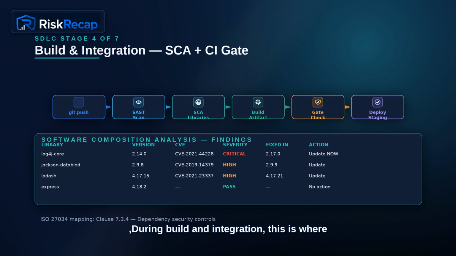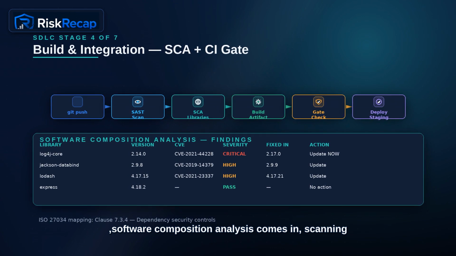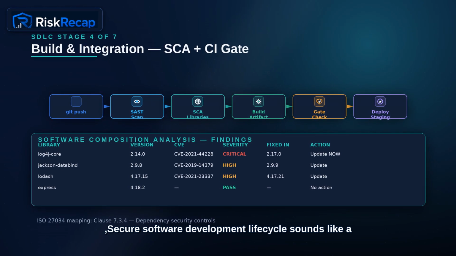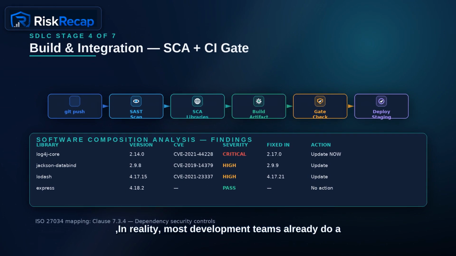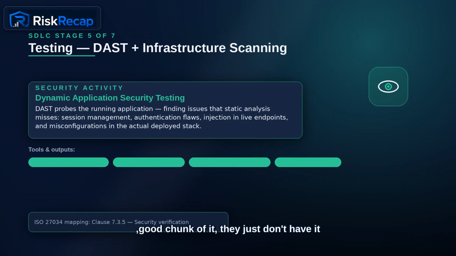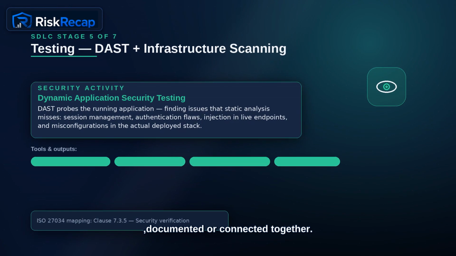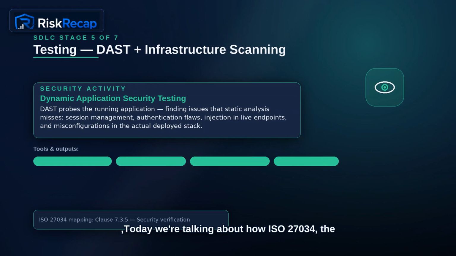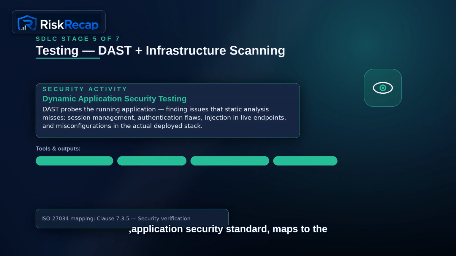During build and integration, this is where software composition analysis comes in, scanning your third-party and open source libraries, along with running SAST as part of your continuous integration pipeline. During testing, dynamic application security testing, or DAST, comes into play, along with infrastructure scanning of your staging environments.